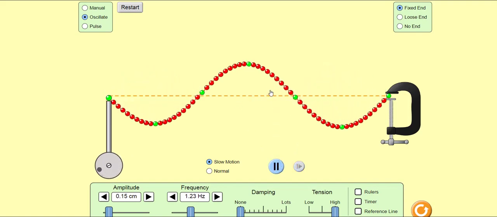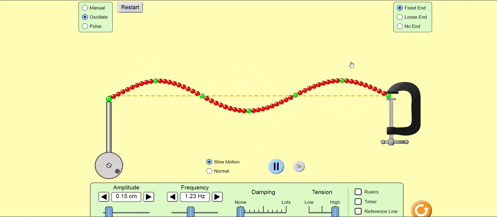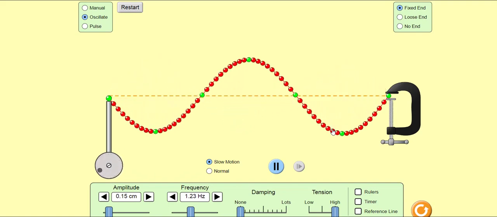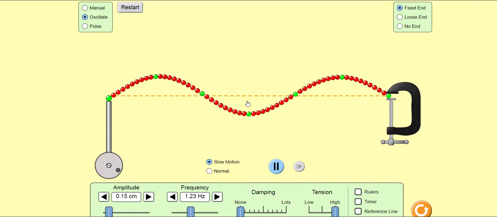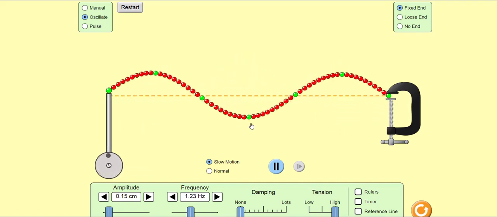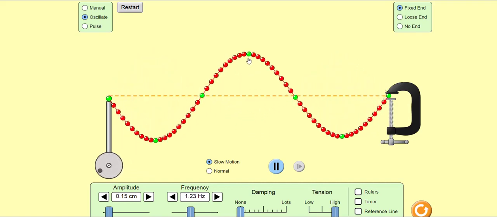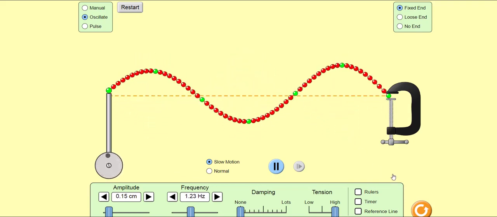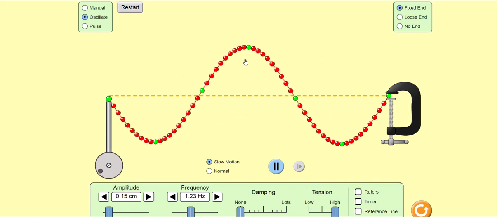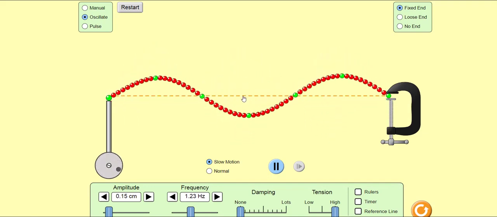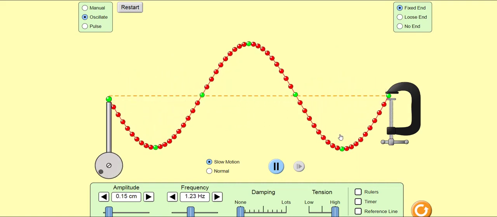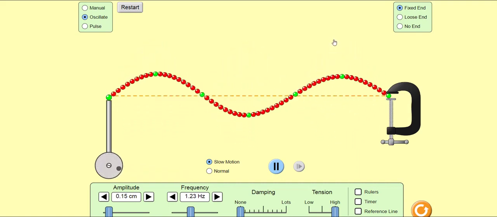So what you should notice here is that these particles appear to be moving completely out of step with each other. So when the displacement of this particle is, for example, a maximum positive displacement, the displacement of this particle will be a maximum negative displacement. And when this particle here is moving through the equilibrium position downwards, this particle will be moving through the equilibrium position upwards.